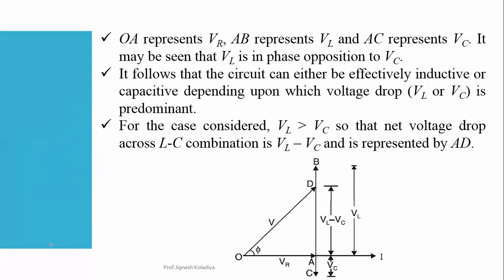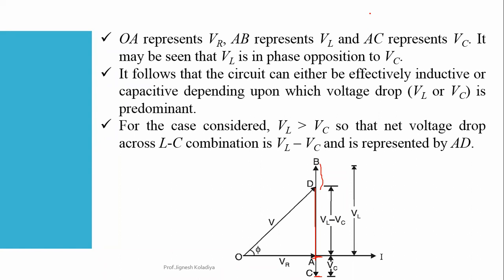That voltage drop will be represented by this AD line, and this is VL minus VC. So if you take this magnitude AC, that AC is removed from this VL, and so I'm getting VL minus VC.